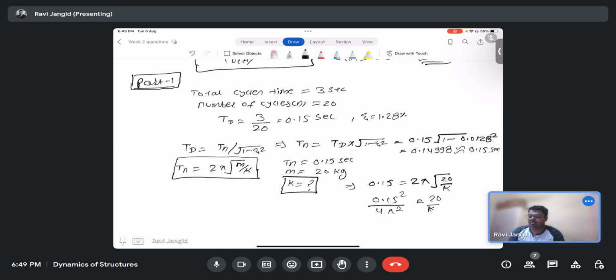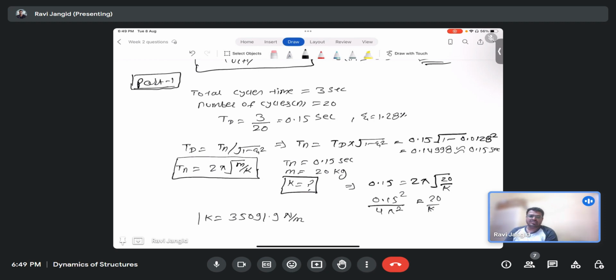So k is equal to 20 into 4 pi square divided by 0.15 square. So k is coming to 35091.9 Newton per meter.